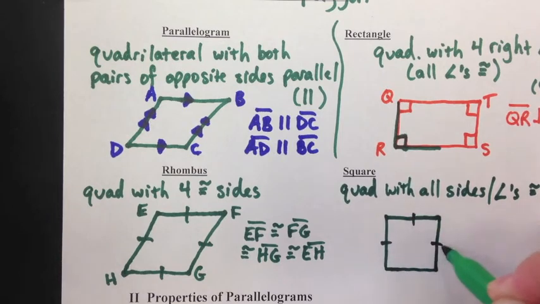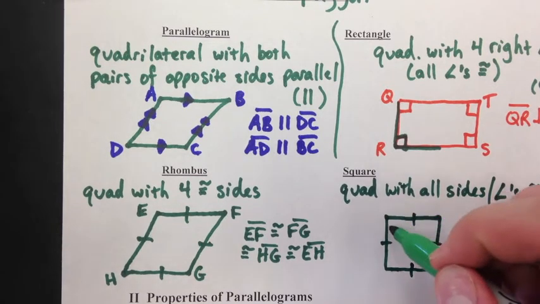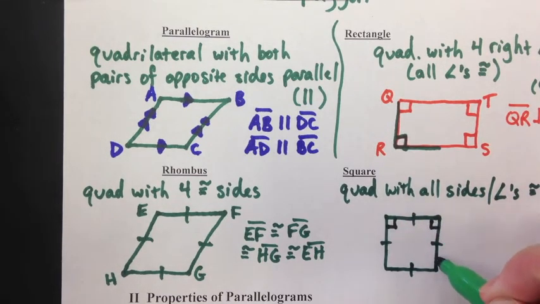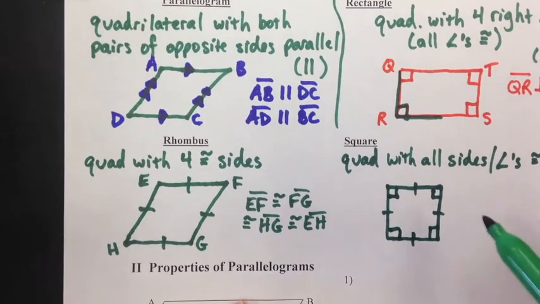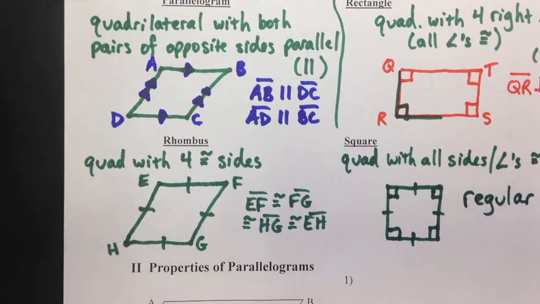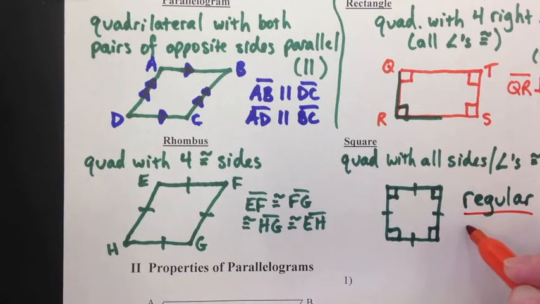All 4 sides are congruent, and also we have 4 right angles. And there's another name for this kind of figure. If all the sides and all the angles are congruent, we say that this is regular. Regular means all sides, all angles congruent. Okay, so that's going to be a square.